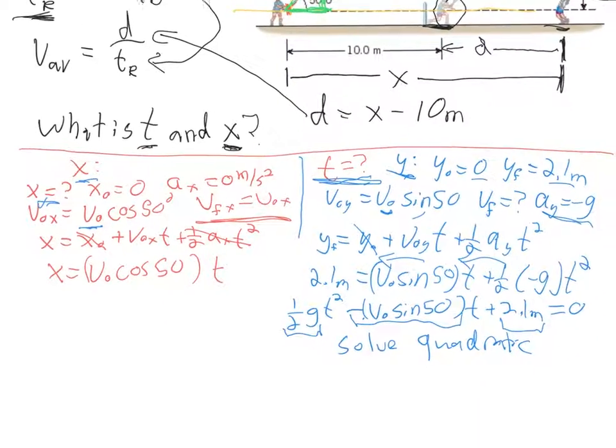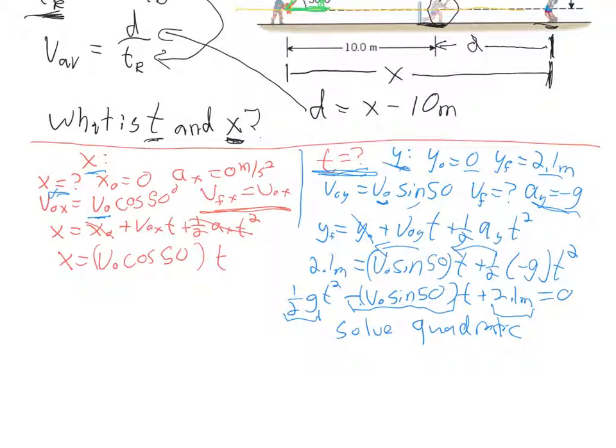All right, so I'm going to scroll just a little bit here again. So you're going to get some t1 equals a number that's going to be quite small, and then some t2 that equals a number that's larger. Why are there two solutions to this quadratic? How do you know which one to use? Well, let's go and look.